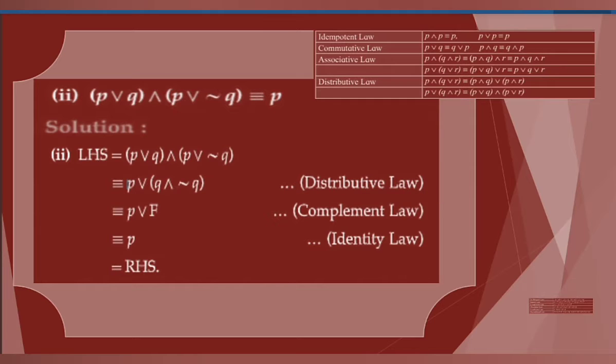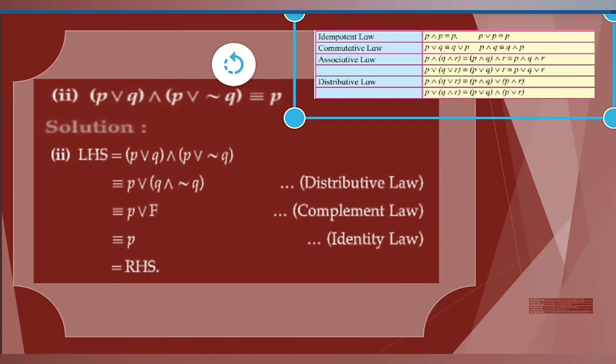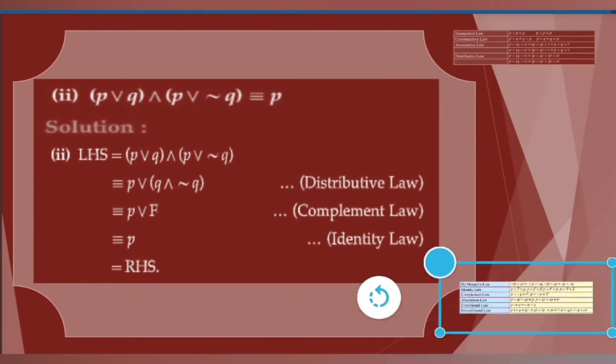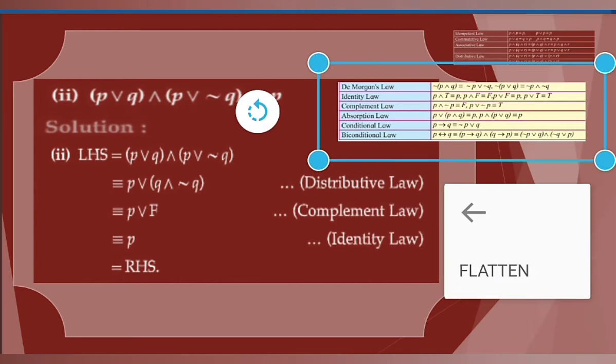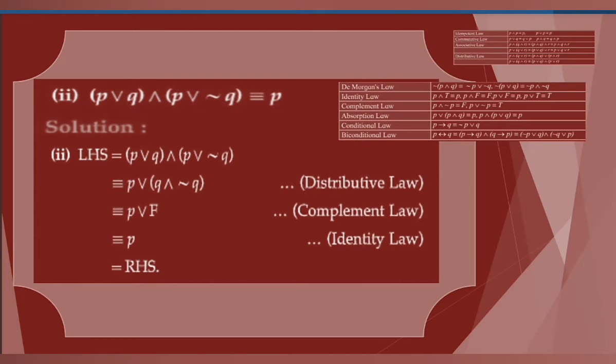We know that this P is written as it is, and Q and negation Q means F. The complement law is applied here. We write F here, and then again we use the identity law. See the identity law in the table.